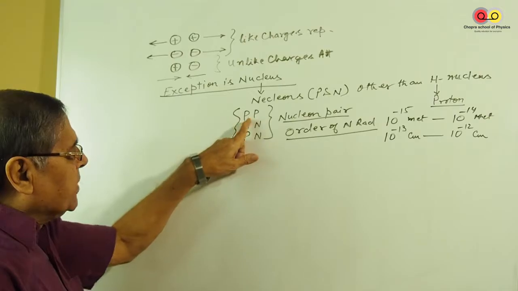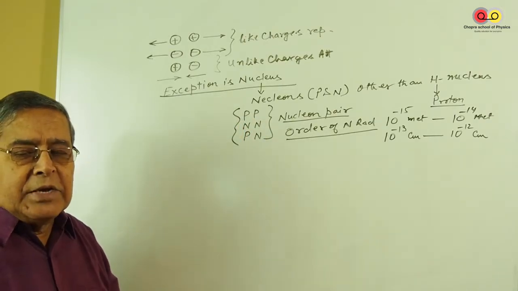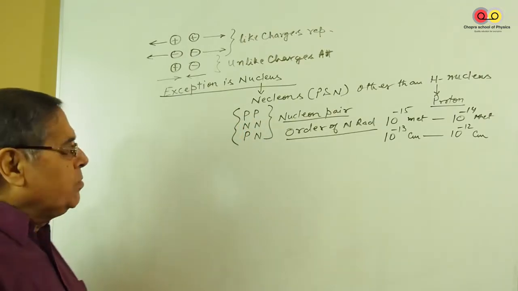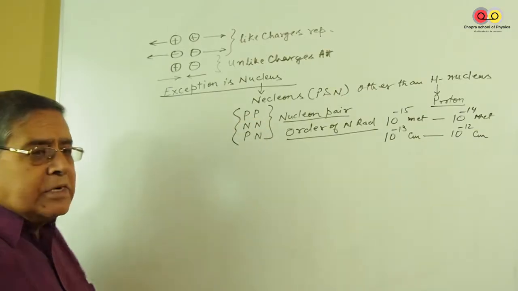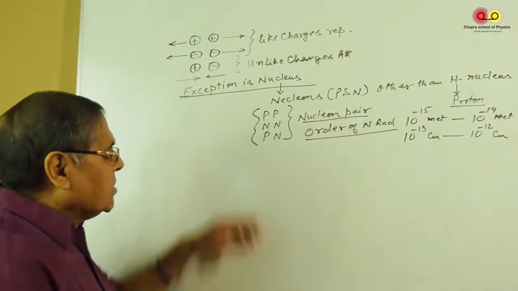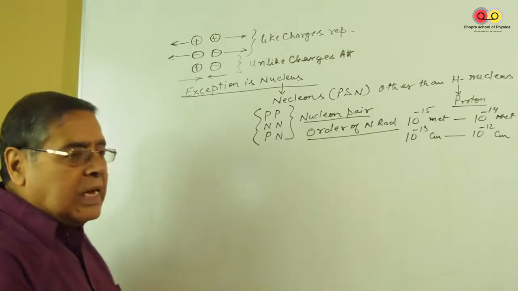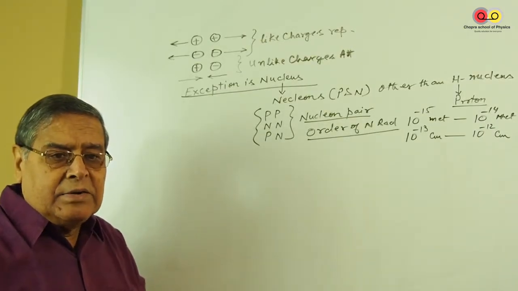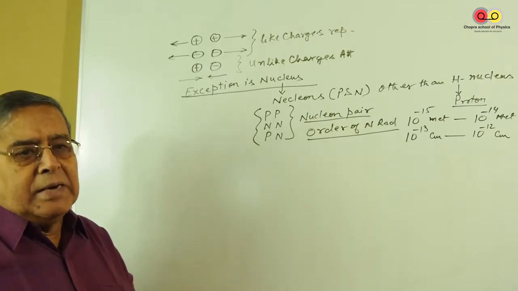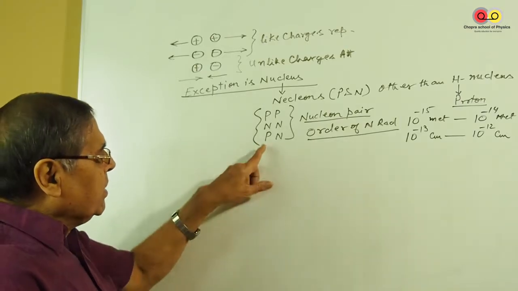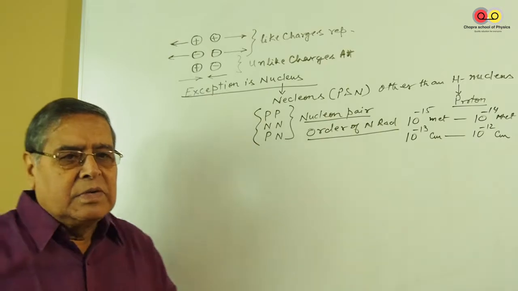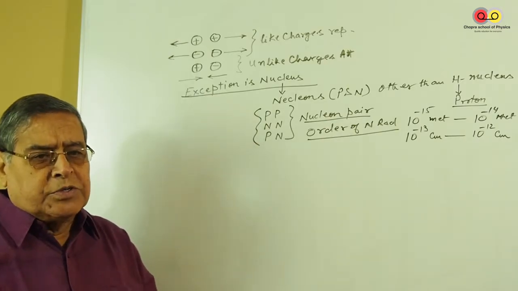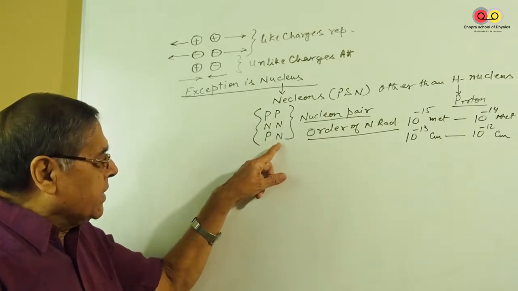These two proton pairs must repel, but they are not repelling. Sometimes they are repelling and sometimes they are attracting also. Similarly, neutrons have no charge, so sometimes they attract and sometimes they repel. Similarly, protons have positive charge, neutrons have zero charge, still they are attracting or repelling.